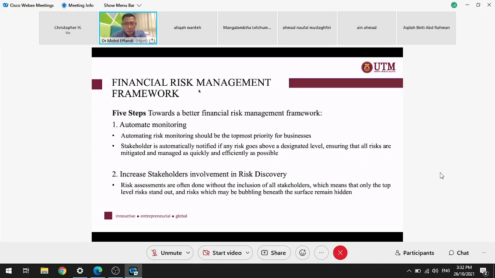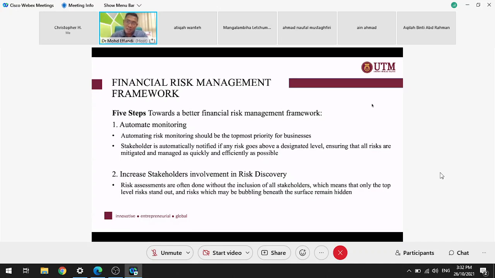Okay, increase stakeholders' involvement in risk discovery and risk assessment. This is where you will involve these people with the risk assessment, so that they can also identify. Risk assessments are often done without the inclusion of all stakeholders.